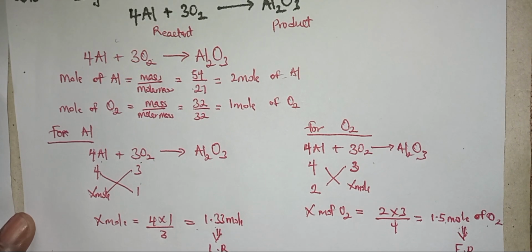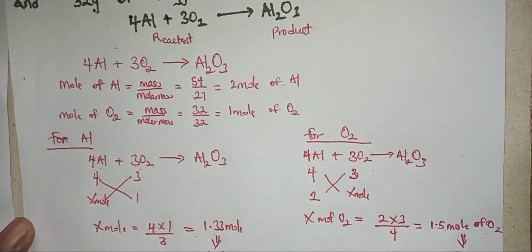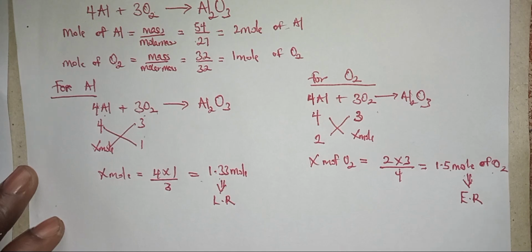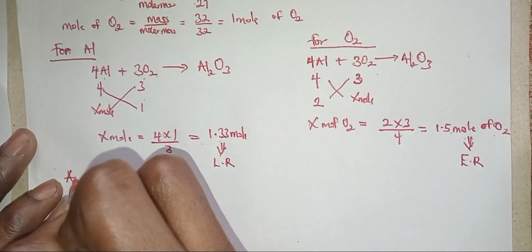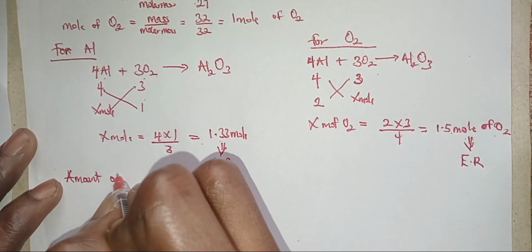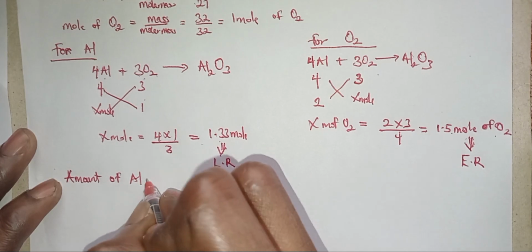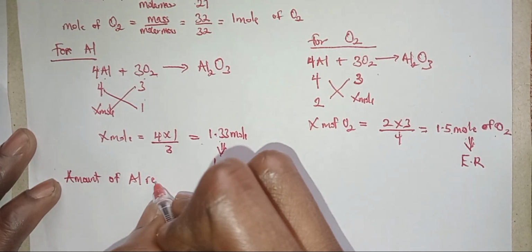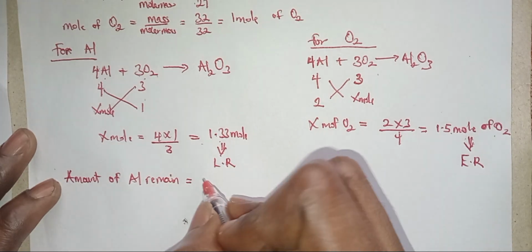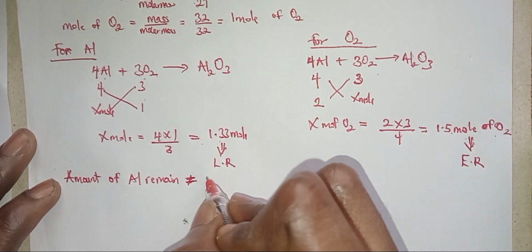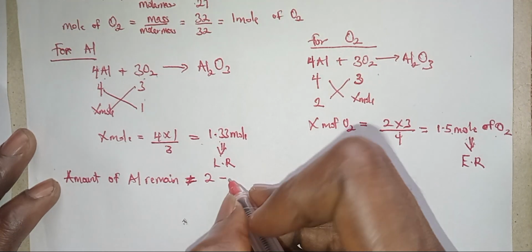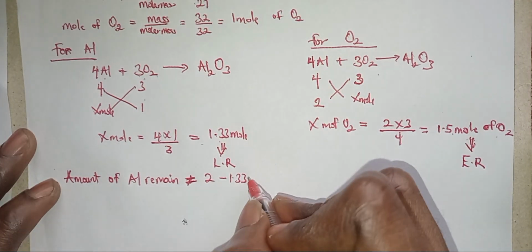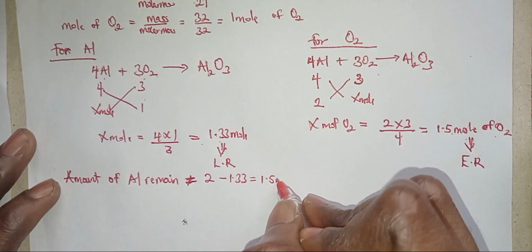Now, the second way is to find how much of each reactant is going to remain at the end of the chemical reaction. For us to get the amount that's going to remain, we are going to use subtraction. The amount of aluminium remaining will be equal to 2 minus the 1.33 that we got for aluminium, which is going to give us 1.5 mole.